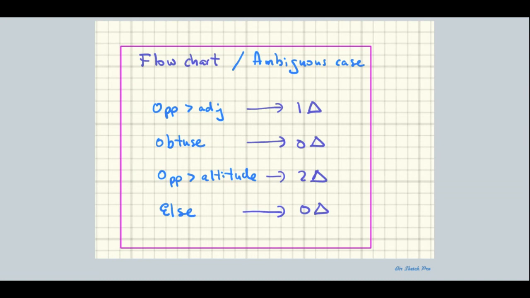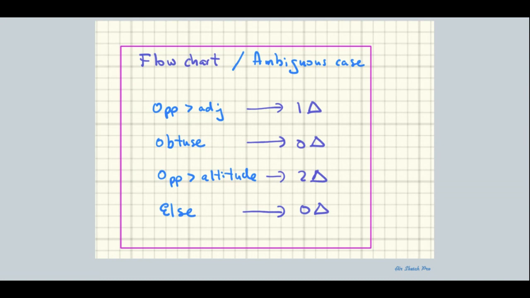So, this is the flow chart. The flow chart always says you compare the opposite to the adjacent. If the opposite on your opposing pair is bigger than the adjacent that you're given, then you're going to have just one triangle, and you're done, you just find that one triangle. The second thing is check to see if the angle is obtuse.